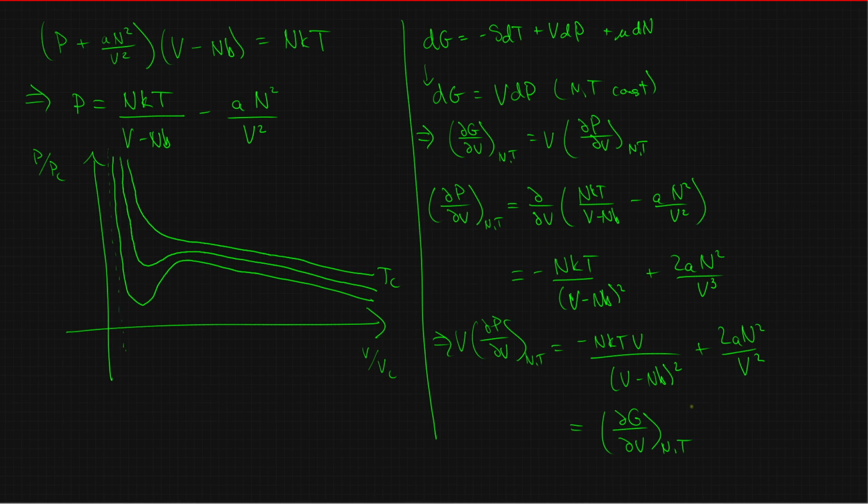So now we can simplify this a little bit. We can do the trick that he does in the book and take v and write it in a nice way. So write it as this plus nb. So v is equal to v. But that allows you to rewrite this relationship, del g del v, as the following. So I'm just taking the relationship I had on the previous page and applying this.